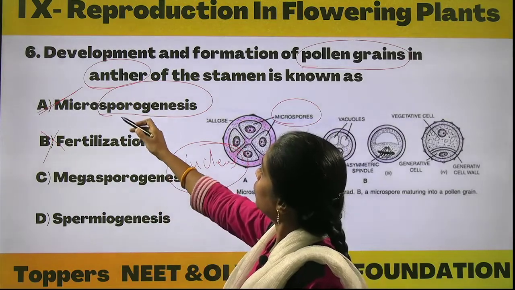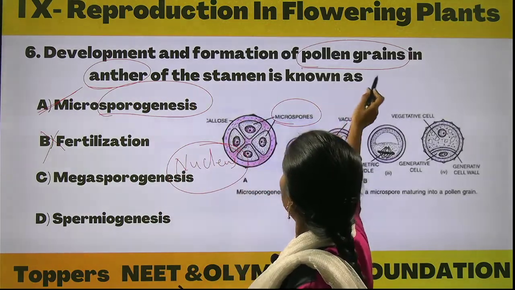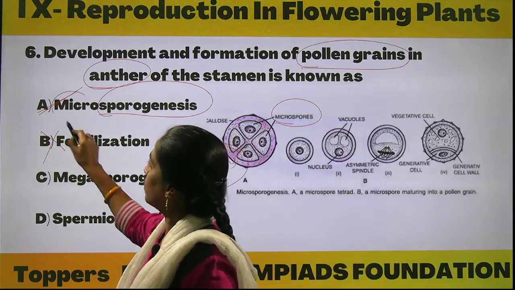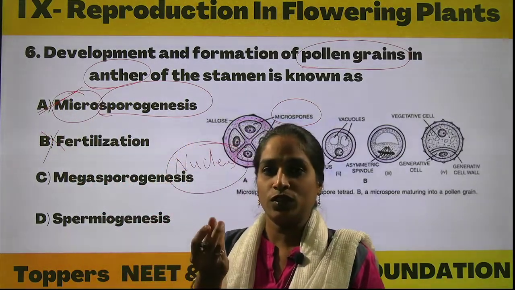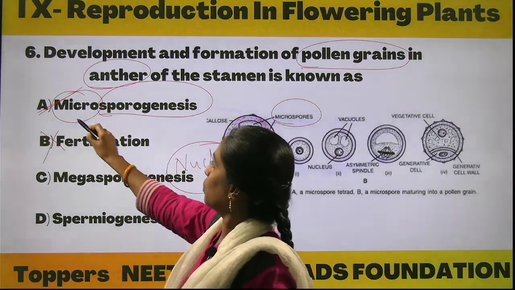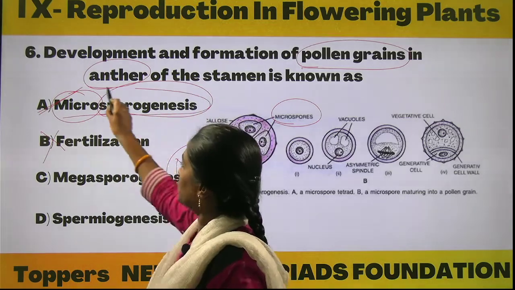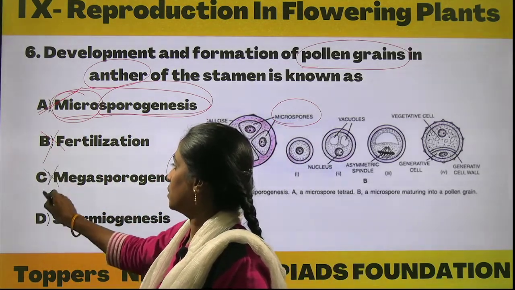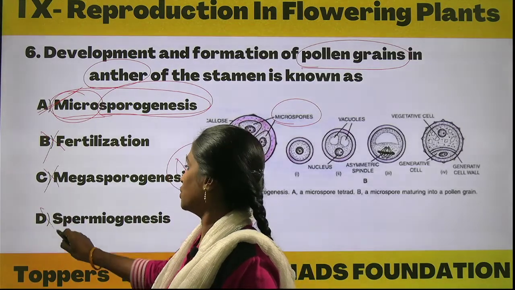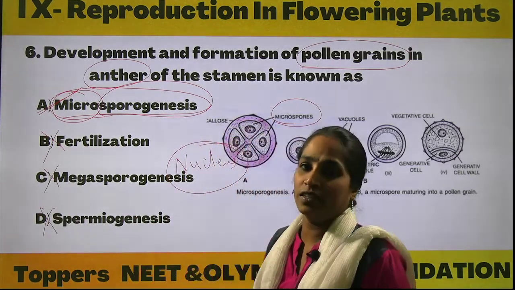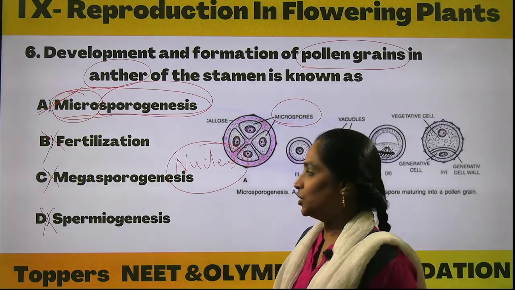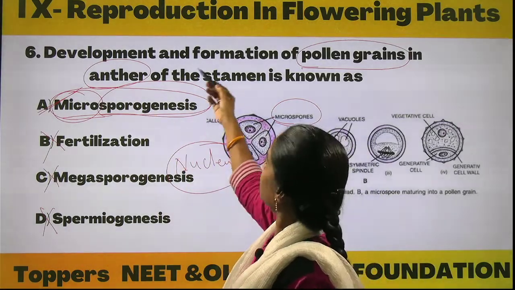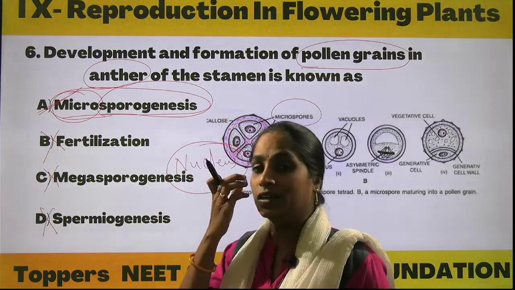So megasporogenesis is a wrong answer. And spermiogenesis can be seen in animals and human beings. We are discussing the pollen grains, nothing but in the flowers.